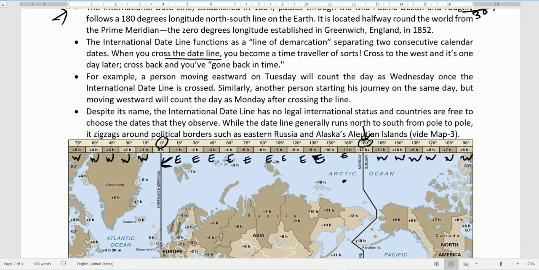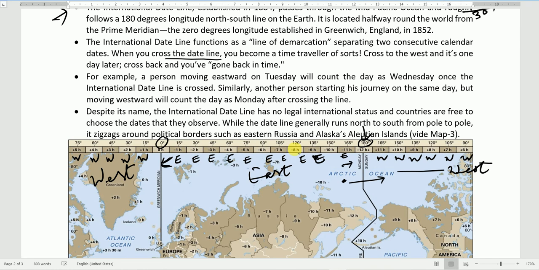When you cross to the west, let us say you are here and the day is Monday.